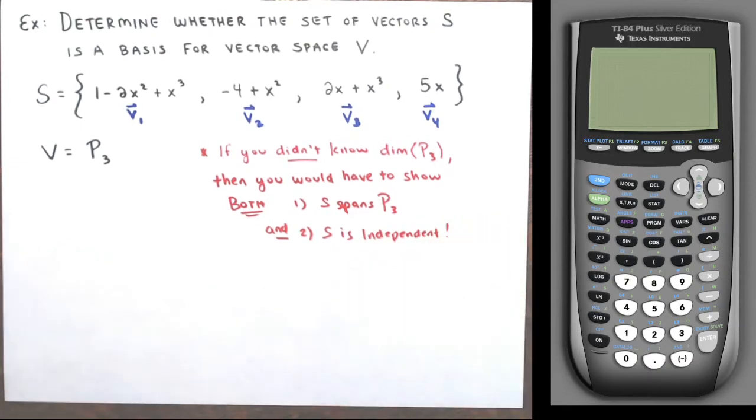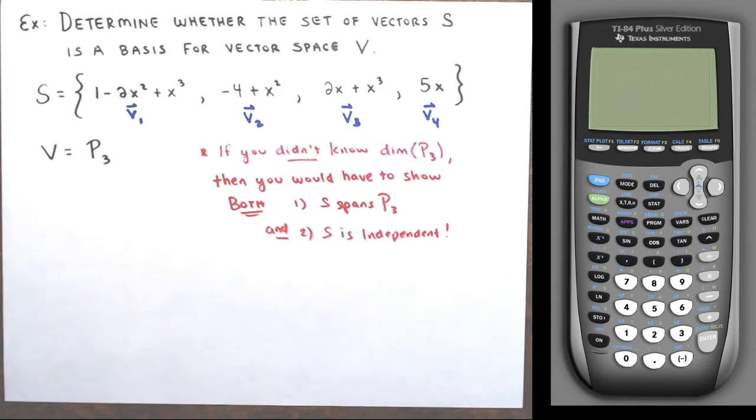Okay, which is what I did in a previous video when I was doing this with the Euclidean spaces. It was before I defined dimensions, so I didn't know the dimension of those Euclidean spaces, so I had to show both the spanning and the independence of the set.